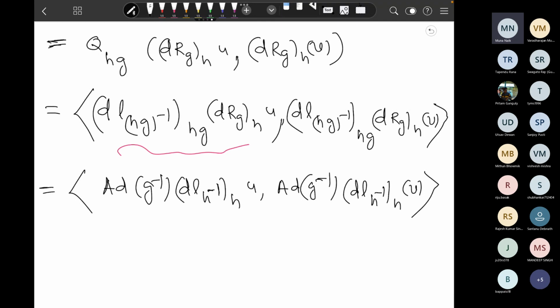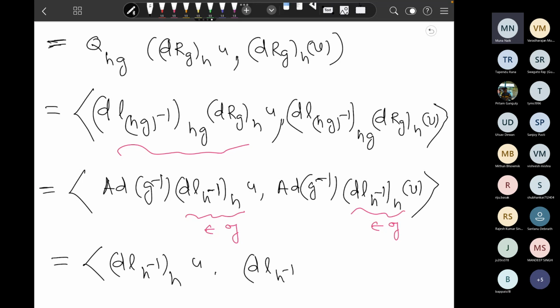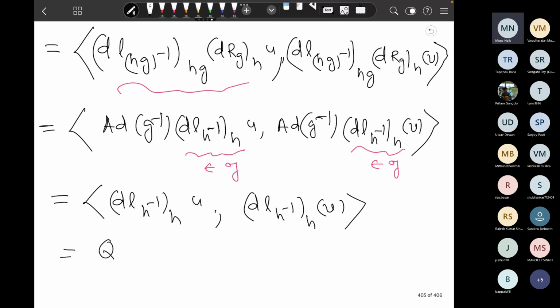Now D L_{H^{-1}} H, taking H to the identity, belongs to the Lie algebra of G, and you have assumed that this inner product is Ad_G invariant, so that will give you D L_{H^{-1}} H U. Now D L_{H^{-1}} H V, so that means by definition Q_H(U, V).